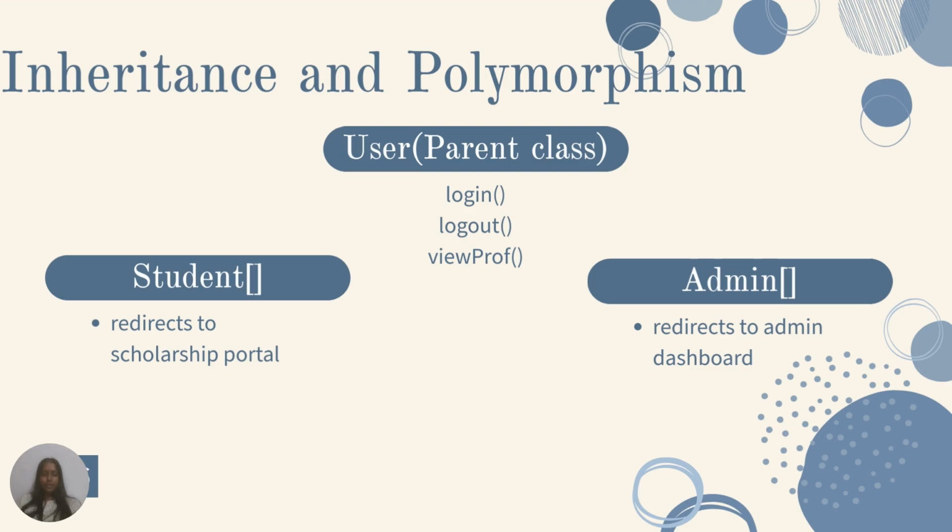The student only gets redirected to the scholarship portal, so the student cannot access the admin's dashboard and can only apply. The admin gets redirected to the admin dashboard, where they can accept or reject and view the applications of the students.